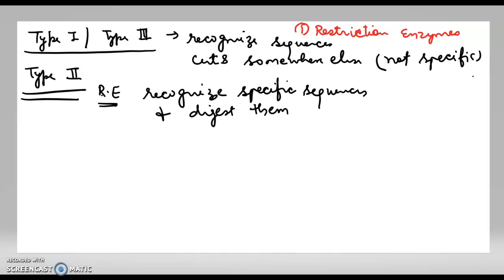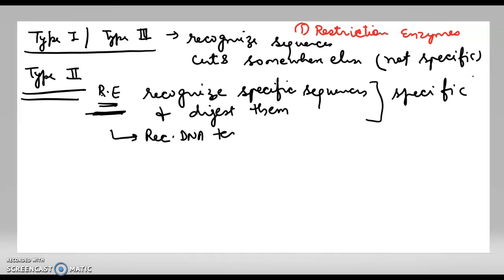Because these are specific in nature, we are using type 2 restriction enzyme in recombinant DNA technology, or you can say in gene cloning experiments. So this is about types of restriction enzymes.